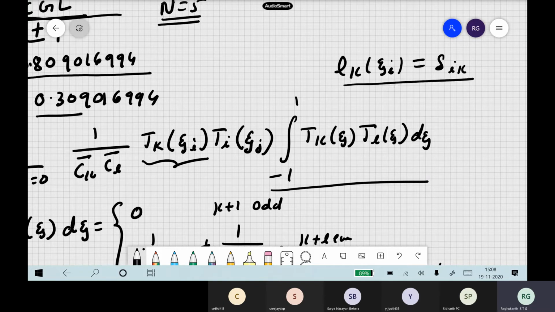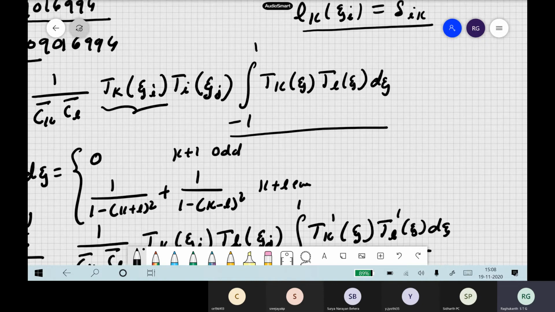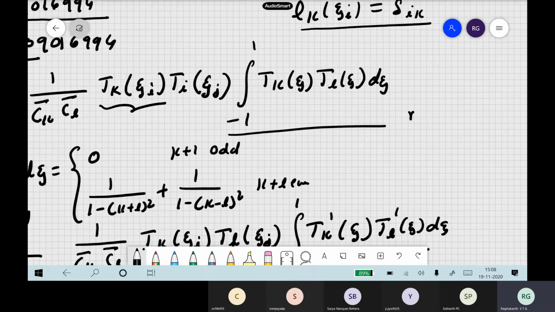But here for Chebyshev, it is not like that. So for Chebyshev polynomials, this property doesn't come into the picture. So the mass matrix, you followed, right, becomes non-diagonal. So this is the main disadvantage with these Chebyshev spectral elements.